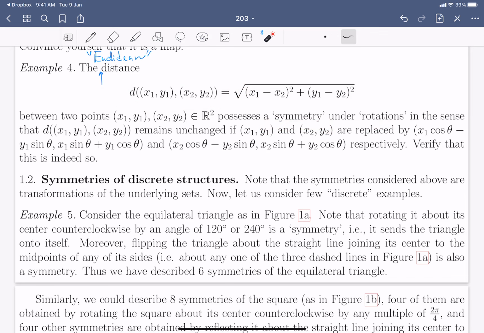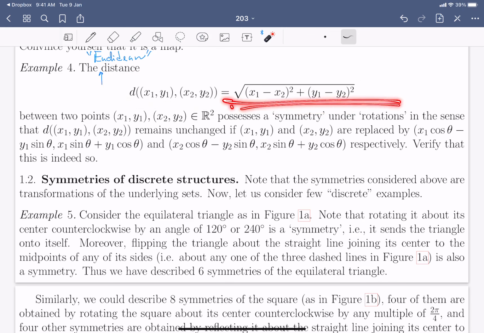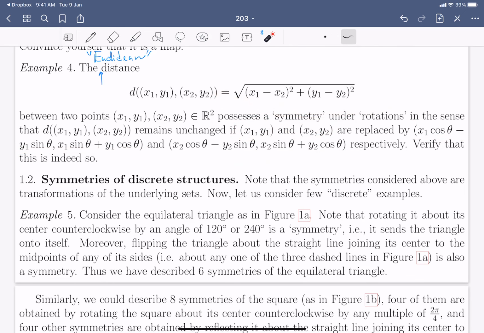By that I mean, if you replace (x1, y1) and (x2, y2) by this point and this point, then this expression or this formula doesn't change. Please try to verify it on your own, that if you replace these 2 points by this one and then by this one, then this formula doesn't change.